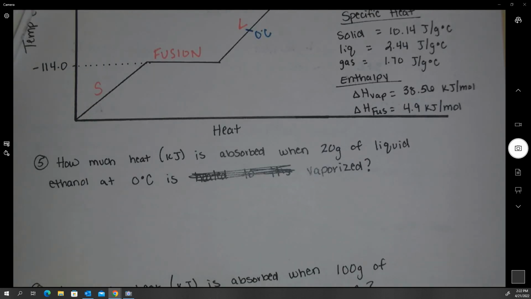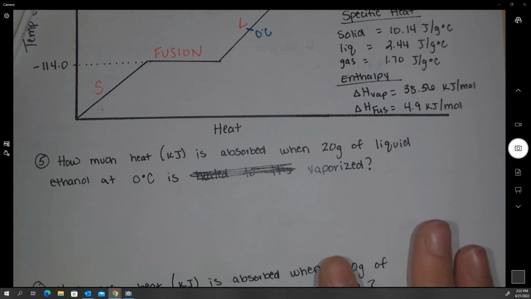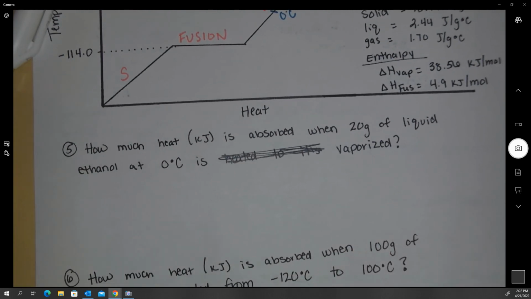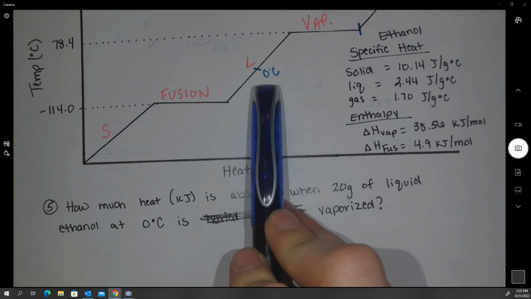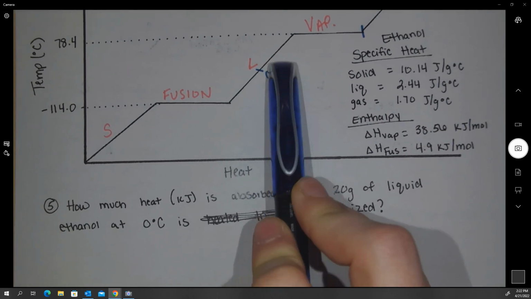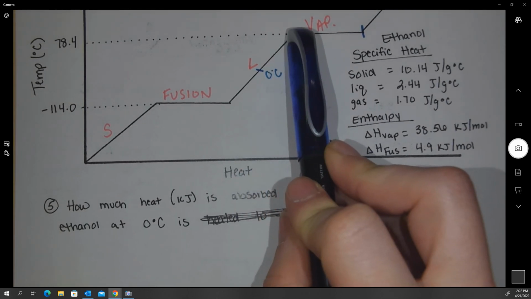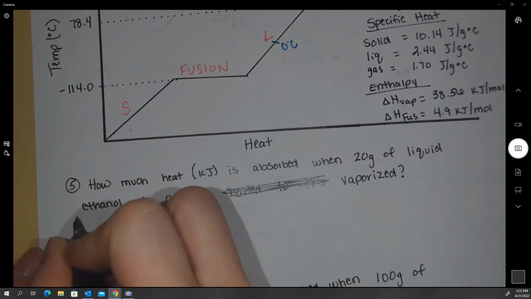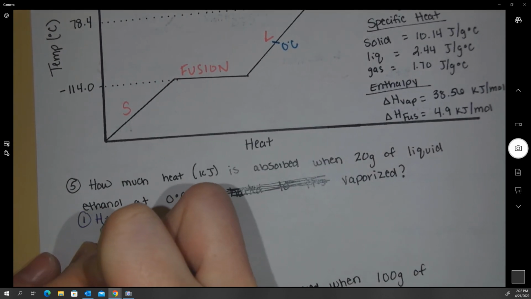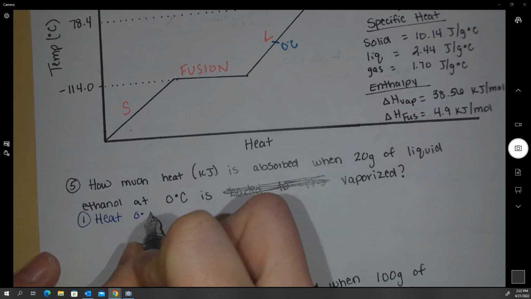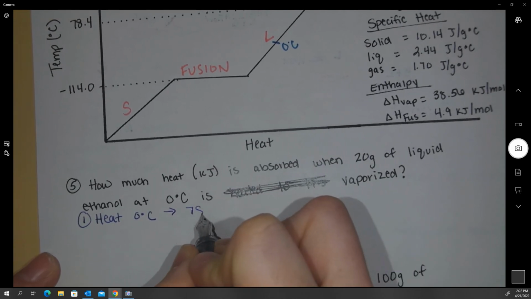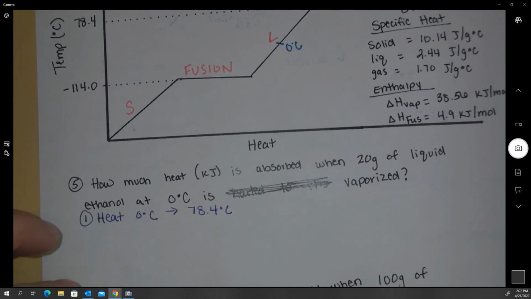How many steps is this one? A solid 2 steps. Step number 1, I'm starting at 0 degrees Celsius. What am I heating that up to? 78.4. So step 1 is heating from 0 degrees Celsius to 78.4 degrees Celsius. Because I'm heating it, am I working with specific heat or enthalpy?